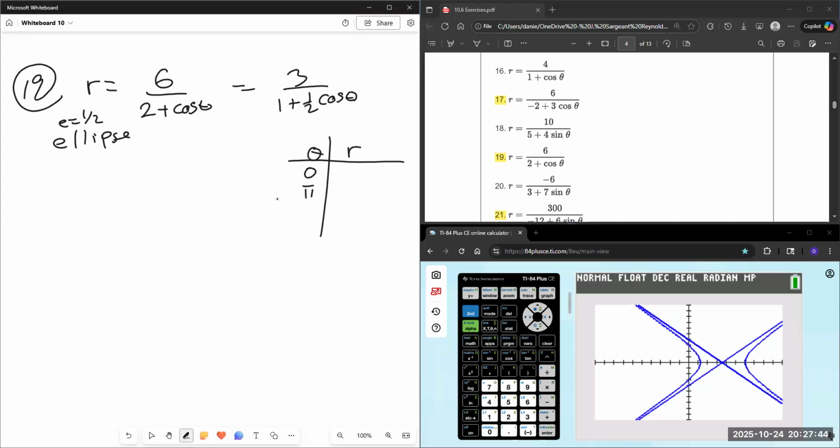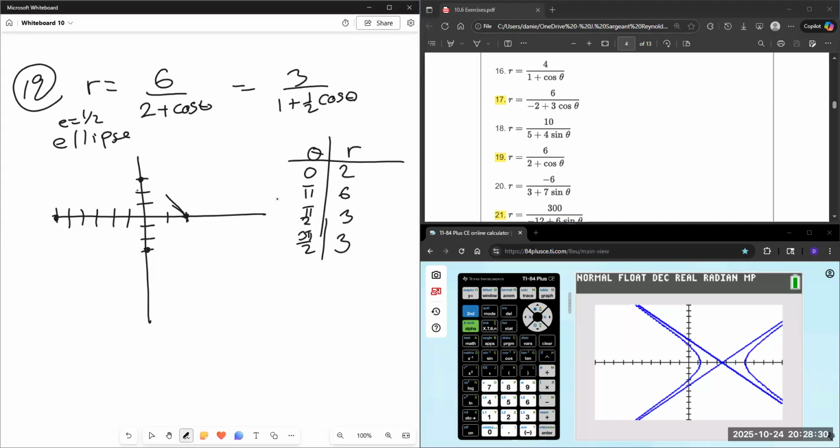So 6 over 3 is 2. 6 over 1 is 6. Two, and pi over 2 and 3 pi over 2 is going to give me 6 over 2 is 3 and 3. 1, 2, 3. 1, 2, 3.